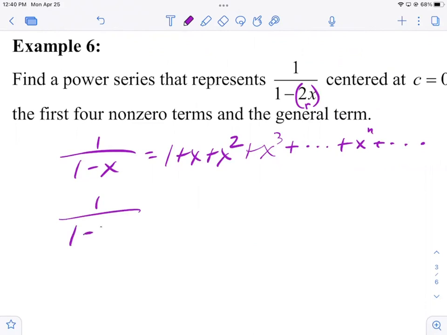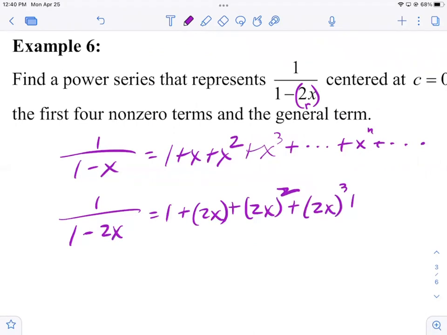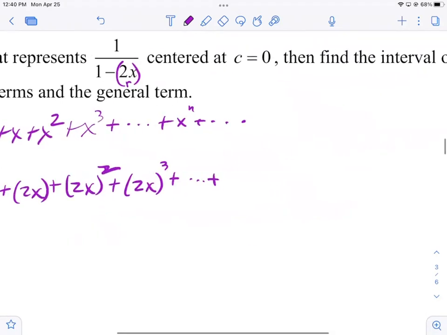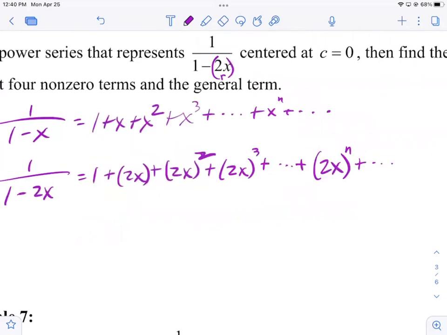So 1/(1 minus 2x) is going to be 1 plus (2x) plus (2x) squared plus (2x) cubed plus yada, yada, yada, plus (2x) to the n plus dot, dot, dot. And you've met the minimum requirements there for writing that power series that represents that quotient.